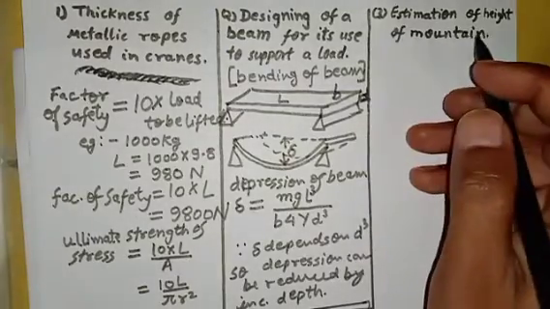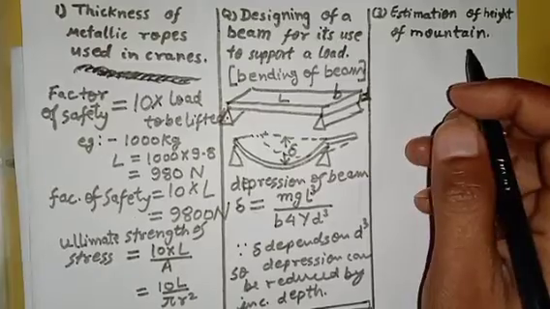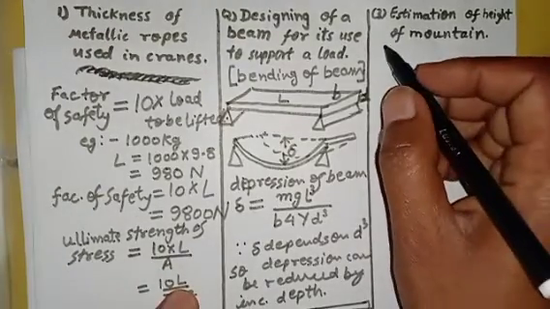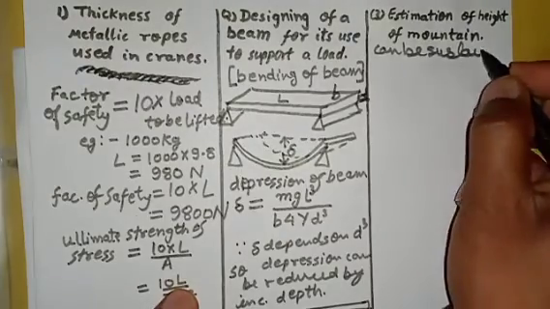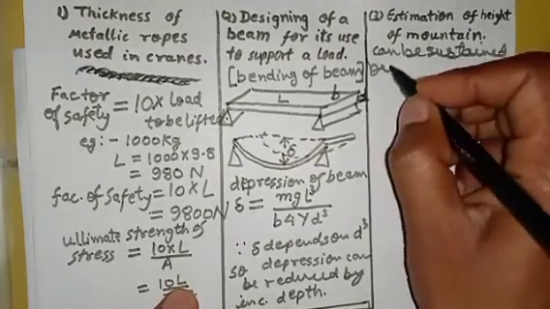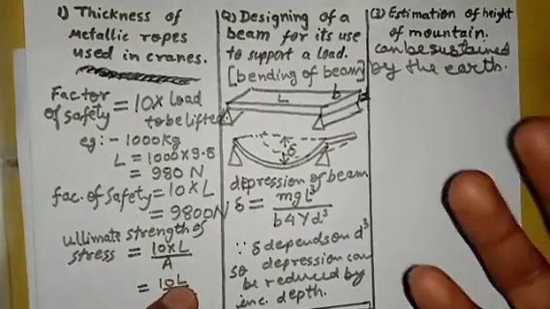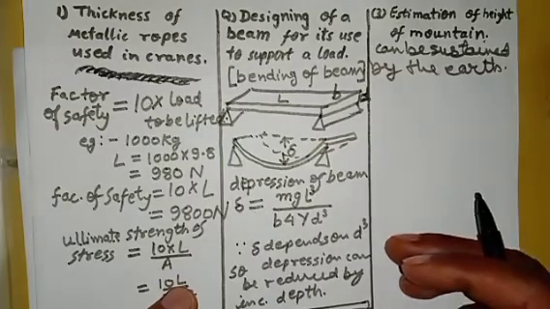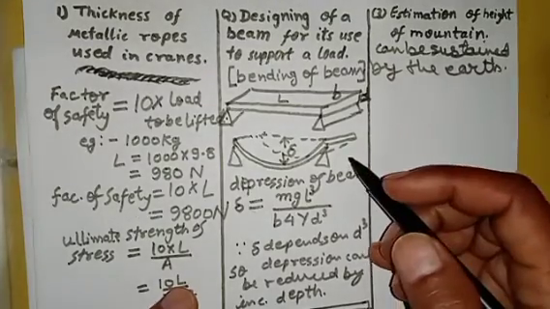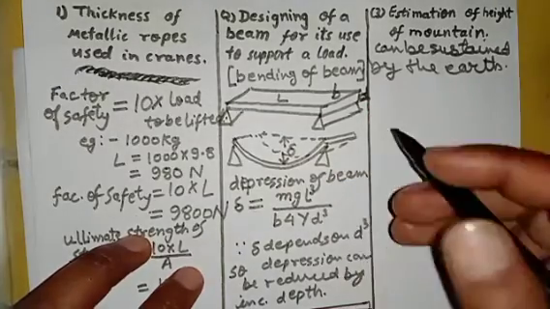Estimation of the height of a mountain that can be sustained by the earth. Knowing this, we can calculate the possible height of a mountain on any other planet, knowing some other facts of that planet.